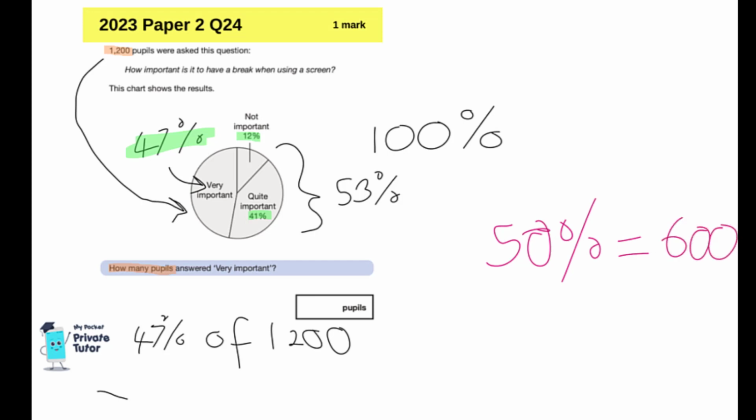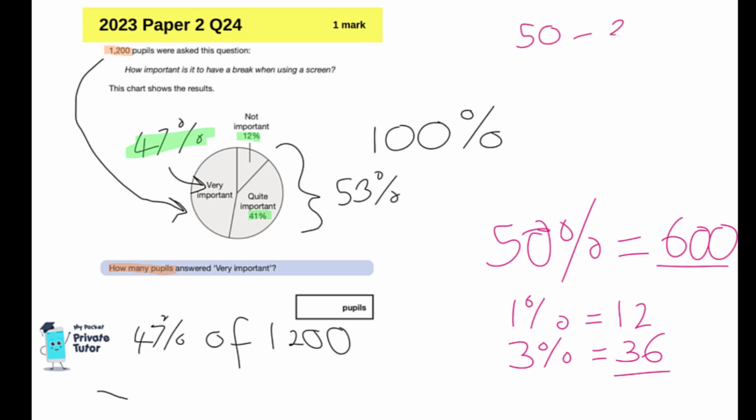And I know that 1% is 12. So 3% is therefore 36. And I'm just going to do 600 subtract 36 because that is the same as 50 subtract 3 is 47%. So 600 subtract 36 will give me my 47%.